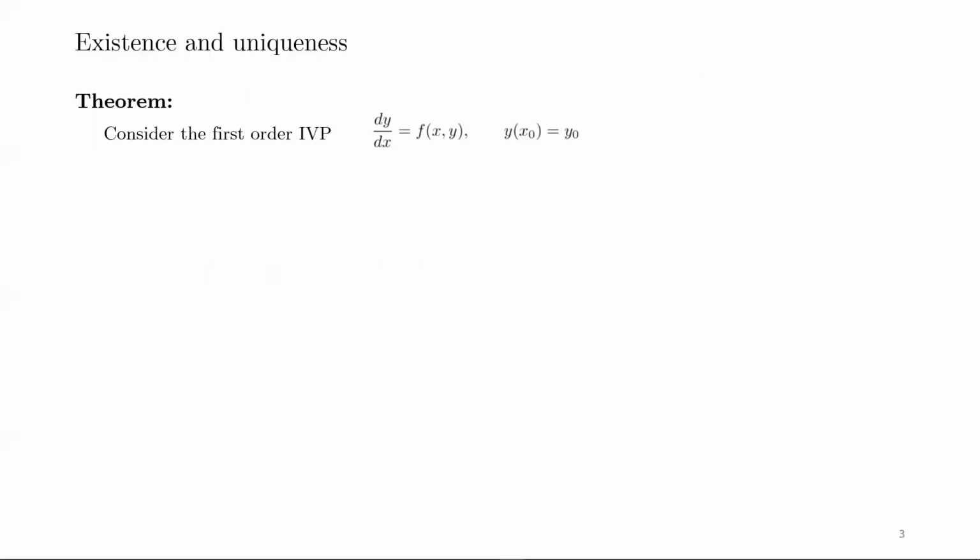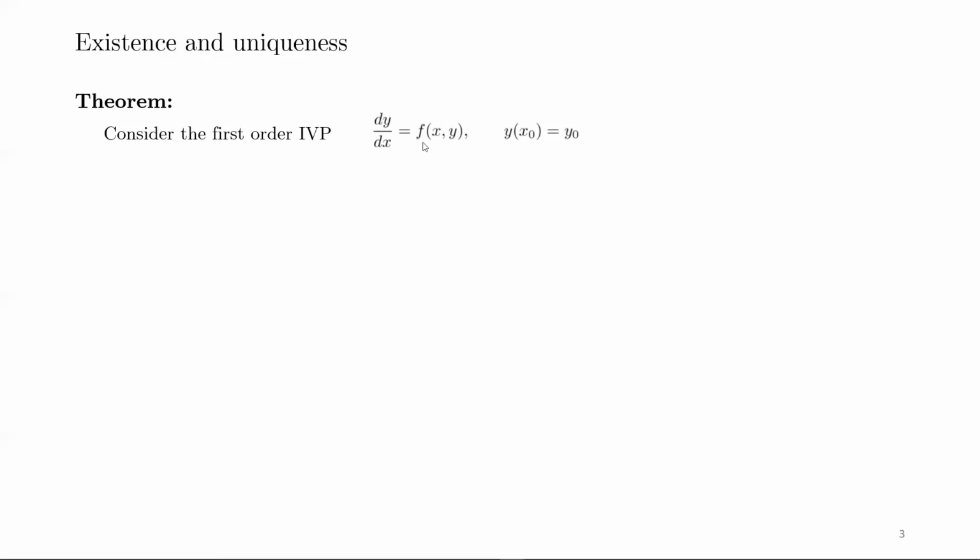Okay, so we're just going to start off by looking at the first order initial value problem. So this first order IVP consists of one first order differential equation, in this case an ODE, and one initial condition. Okay, so notice that the ODE, the first order ODE, this can be linear or non-linear.